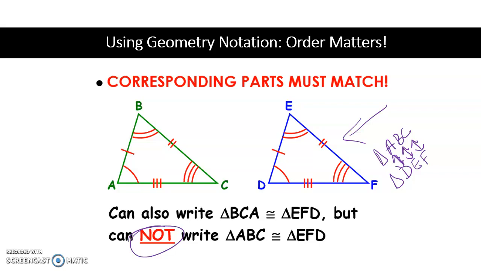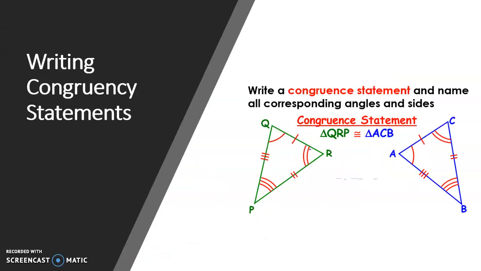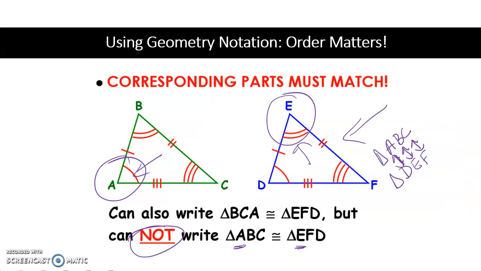To understand why, let's look at the angles. Angle A and angle E come first in this example. A, E. Are these two angles congruent? No. How do we know? One arc, two arcs. They are not congruent, therefore we cannot write it that way.